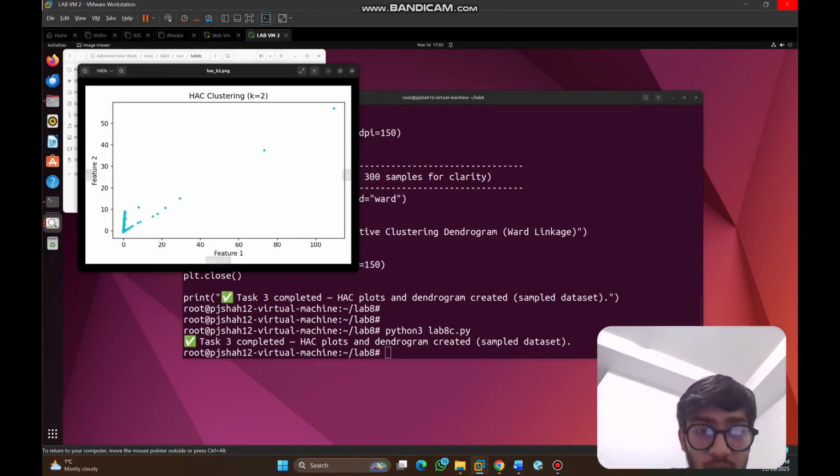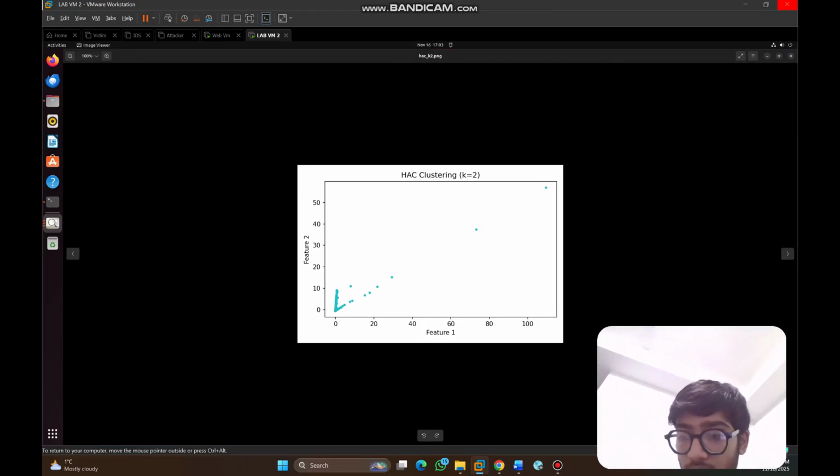Here the HSE clustering with k equal to 2 forms two major groups, similar to k-means. Cluster boundaries are shaped by the hierarchical merging rather than centroid distance, resulting in more grouping, as you can see here in K2. Now K equal to 5 creates medium-sized clusters over here.